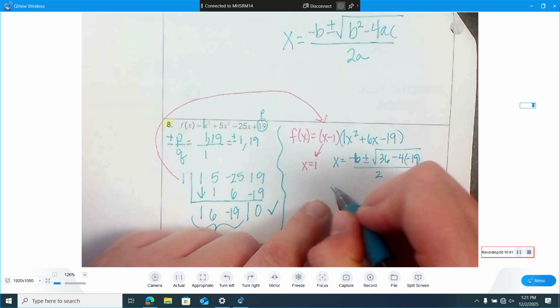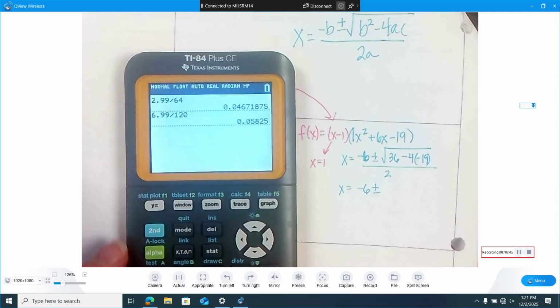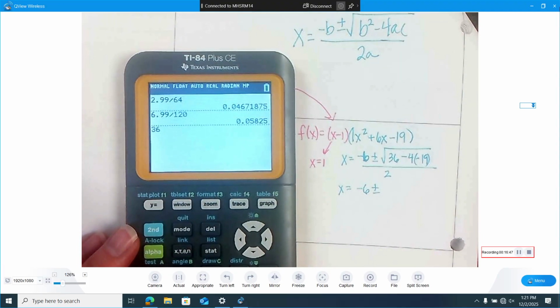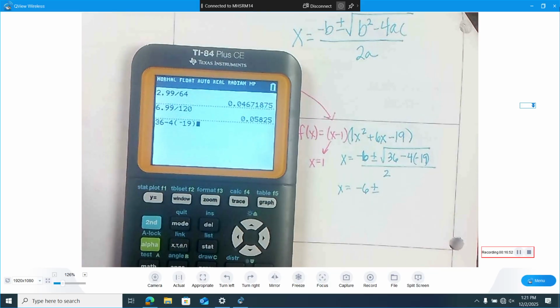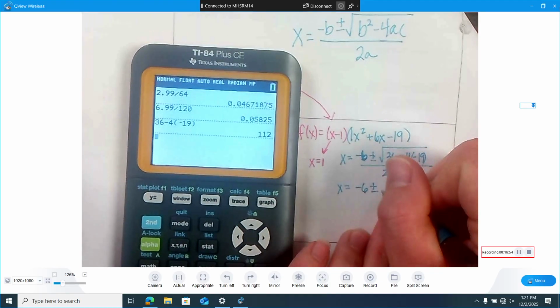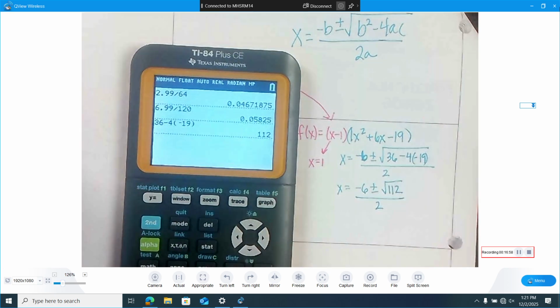Now, in my calculator, let's see, negative 6 plus or minus. I'm going to do under the radical. So 36 minus 4 times negative 19. So I put whatever's under the radical. That is radical 112, all divided by 2. So 112. I need to figure out the factors of 112, the perfect squares.